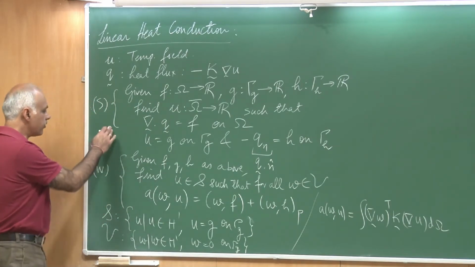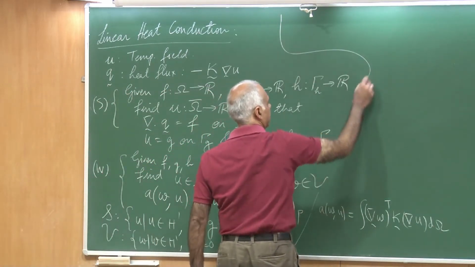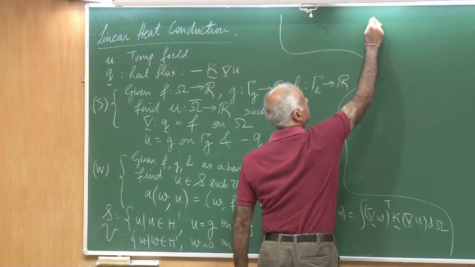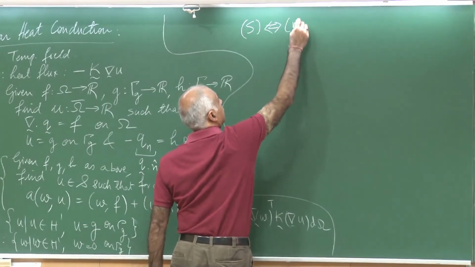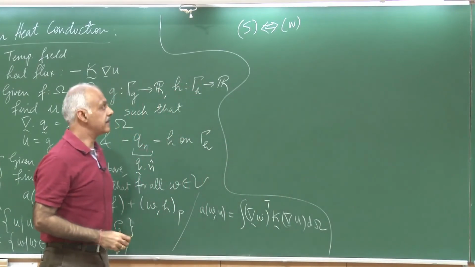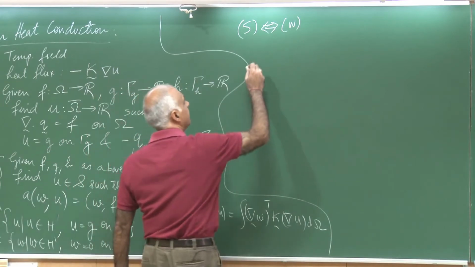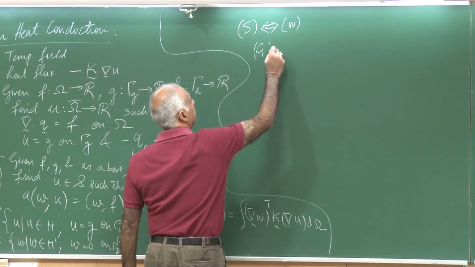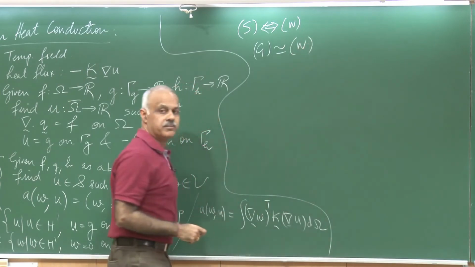So, we have the strong form, we have the weak form, and we were able to show that the strong form is actually equivalent to the weak form. Next, we took an approximation and we came up with the Galerkin form, and we said Galerkin form is an approximation to the weak form.